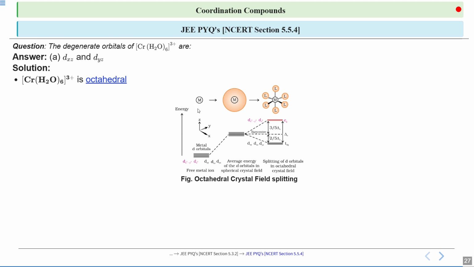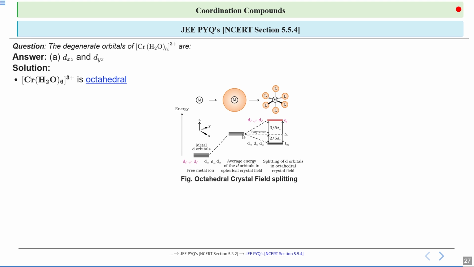There is a slight energy increase in the metal d orbitals, but they are still degenerate. This slight increase is due to the formation of a symmetrical spherical crystal field around the metal ion, so there is this average energy.